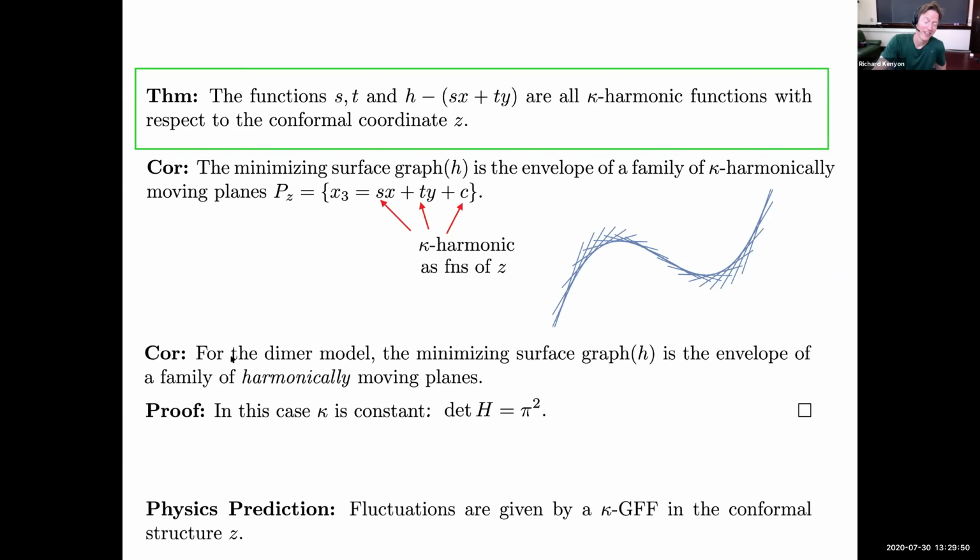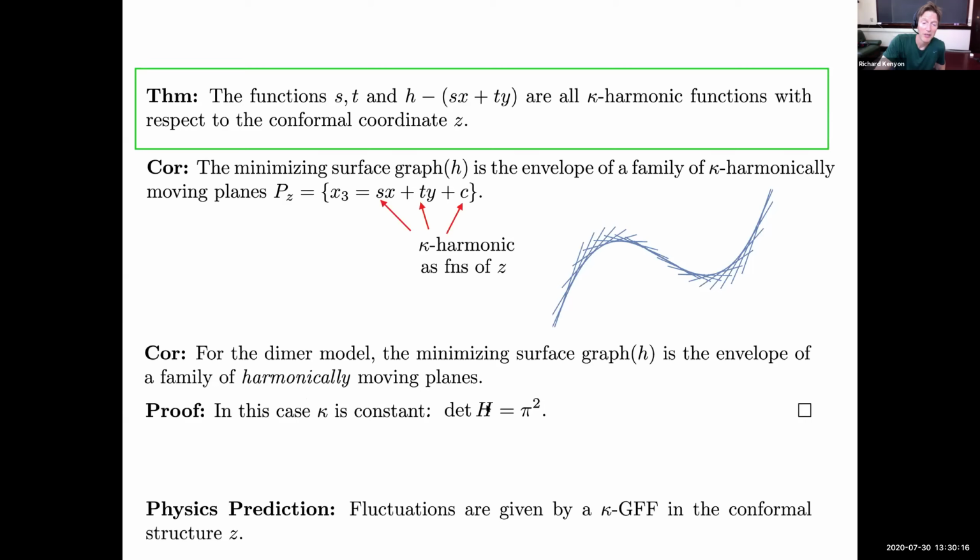Okay, well, for those of you wanting to go back to slightly firmer ground, if you go back to the dimer model, the Lagrange model, I should say, but it happens for the general bipartite dimer model also. The dimer model has a special property that the Hessian determinant is in fact not varying. It's just a constant, pi squared.